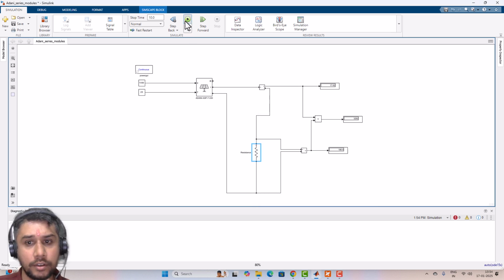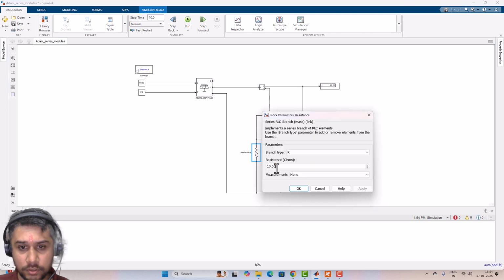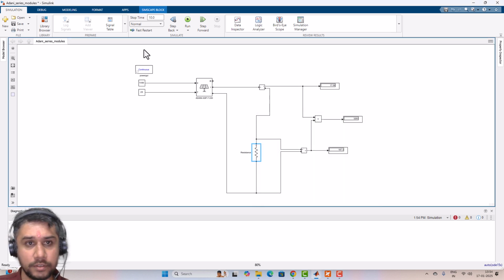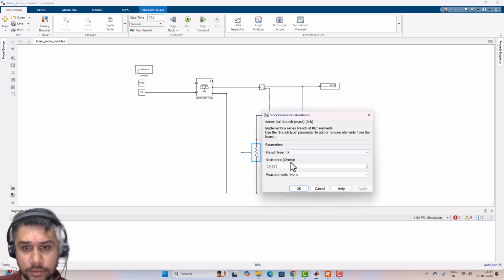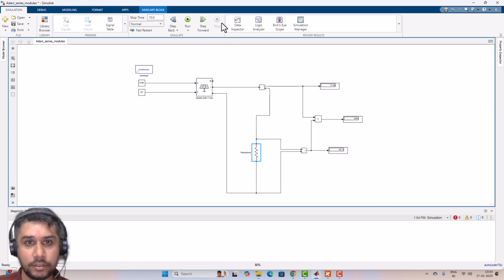Okay, run this, 17.5 is the value of the current, so 10.65, okay, run, okay, run it again. 17.55 is the current, value of the voltage is 187.7 and power is 3294.